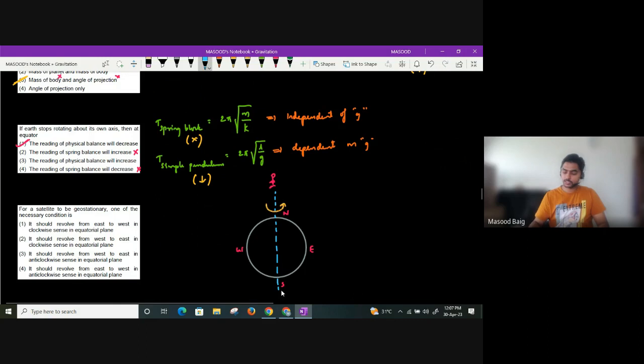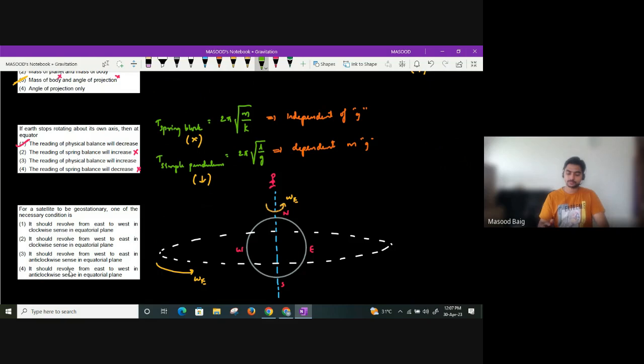Now, where will a geostationary satellite revolve? It will revolve in the equatorial plane, with the same angular speed as that of the Earth. So observing from the top, it should also rotate in an anti-clockwise sense in the equatorial plane, from west to east. The third one will be the correct case.